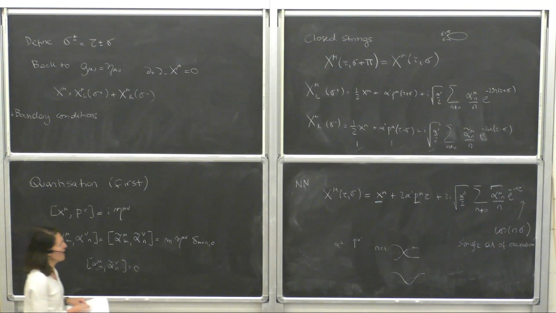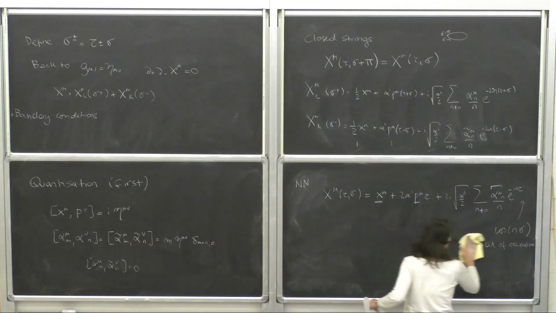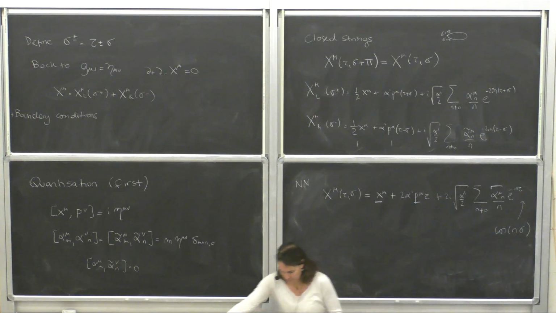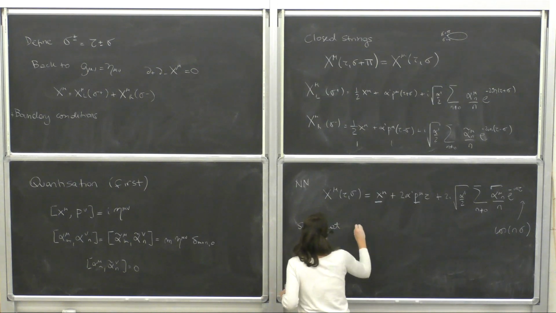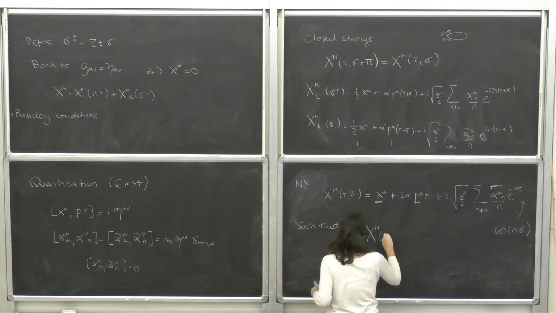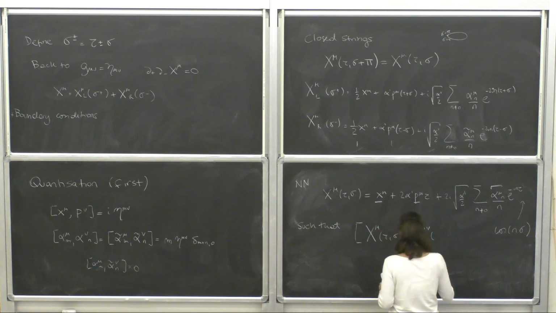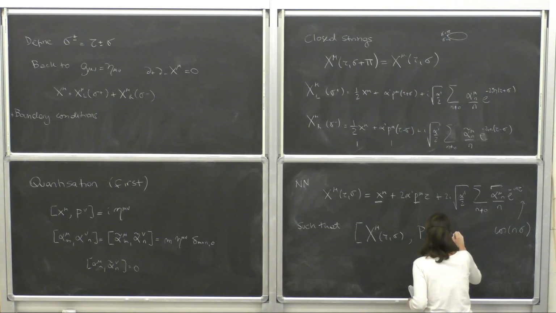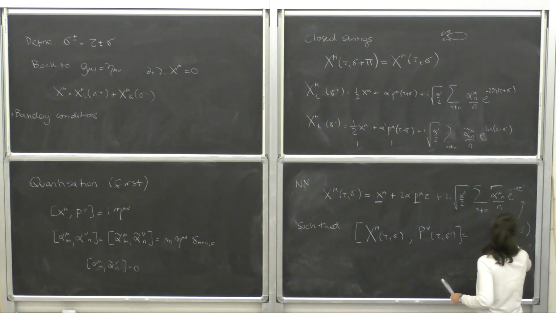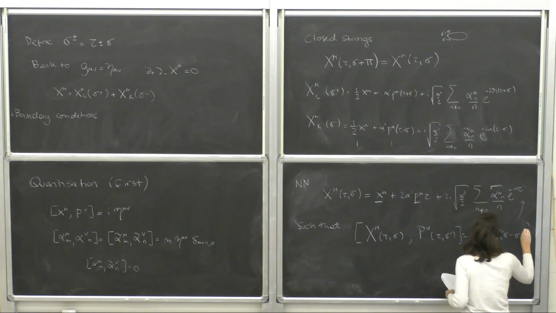And these commutators, I mean, you can actually do reverse engineering because these commutation relations are such that you have this commutator of big X mu of tau sigma with big P nu of tau sigma prime. So this is an I h bar, so I eta mu nu, delta of sigma minus sigma prime.